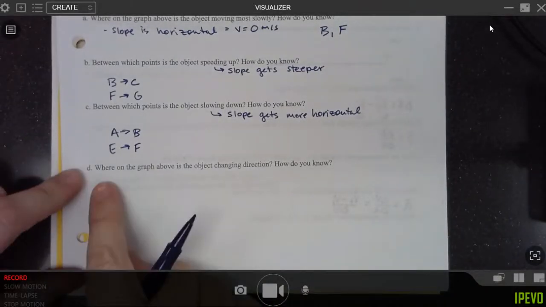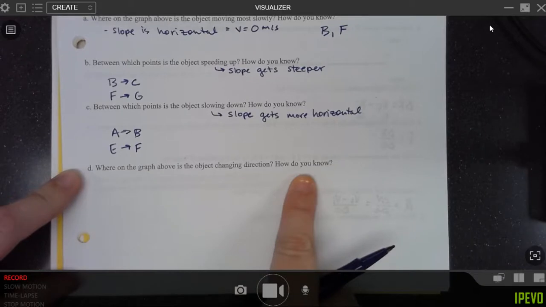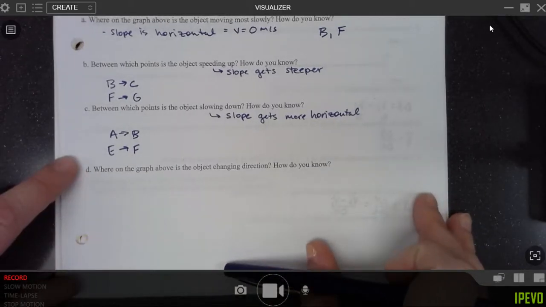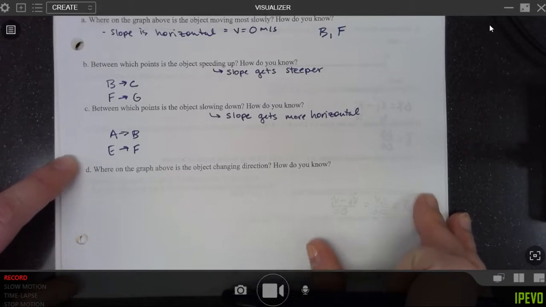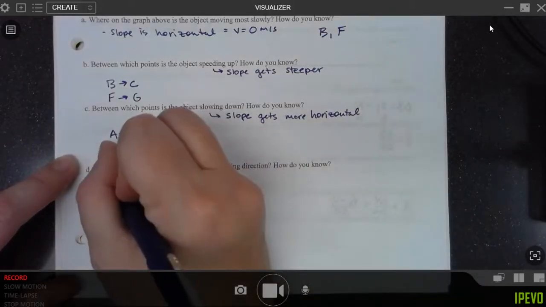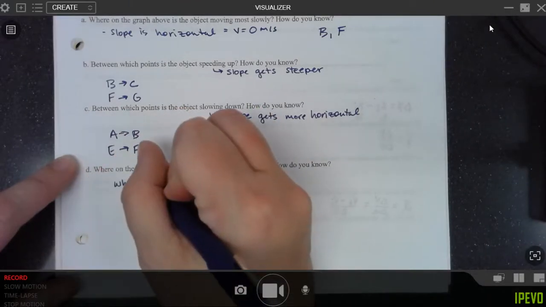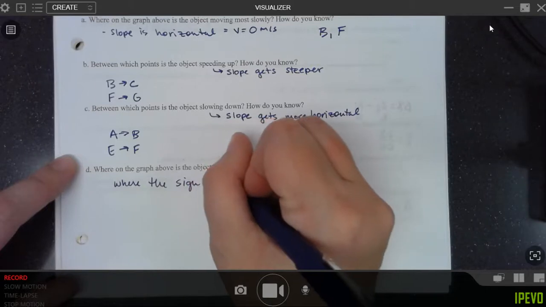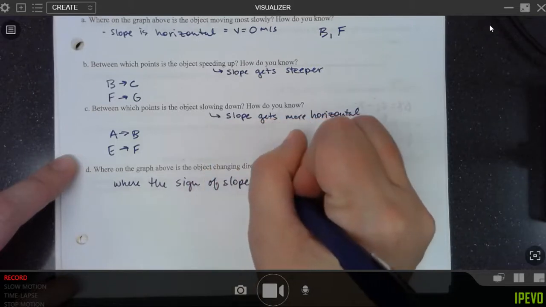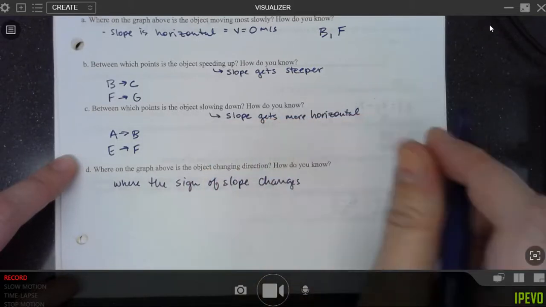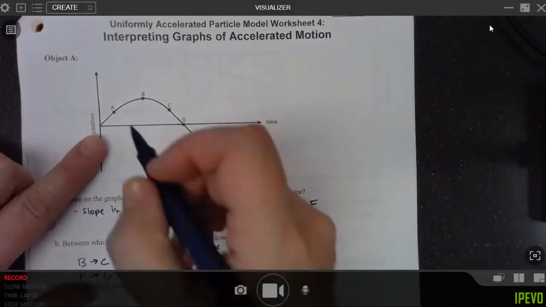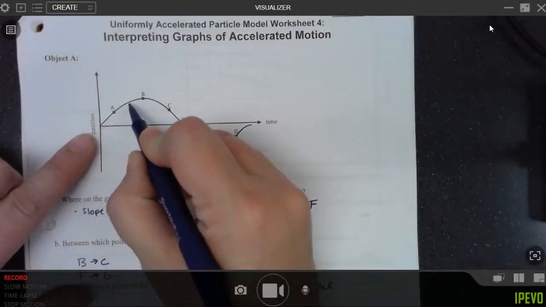So where on the graph is the object changing direction? So this one's tricky. So remember, the sign of the slope tells us what direction it's going. So we want to look and see where, let's see. I mean, that might be the easiest way to say it. Where the sign of the slope changes. For a motion like this, that's going to be near where it becomes 0 because we have a positive direction here at the beginning.